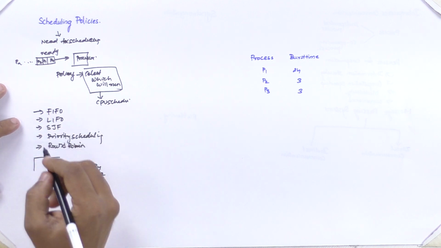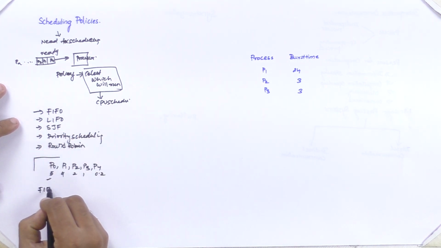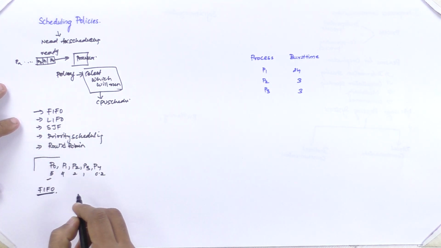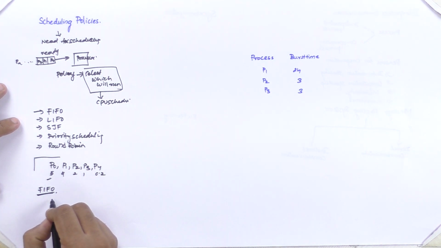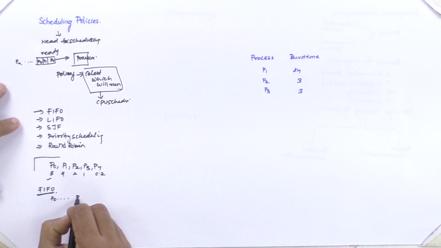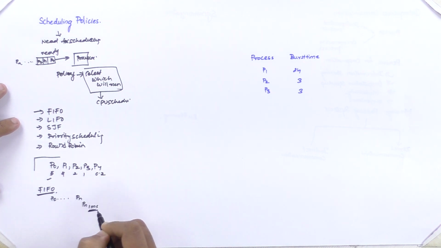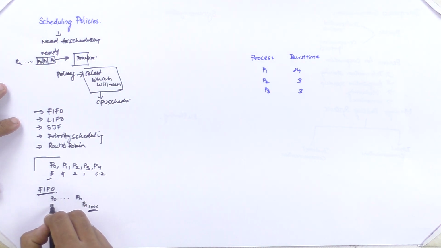So what is the problem with this first in first out strategy? Suppose you have processes P0 to Pn, and the last process requires only 1 millisecond to complete, and the first process requires 100 milliseconds, and in between you have a number of processes which may require 50 milliseconds in total.